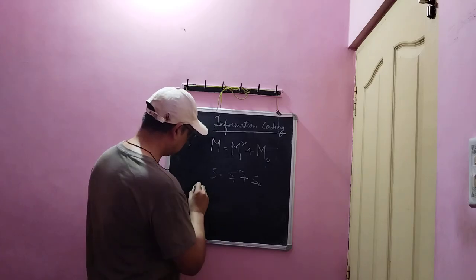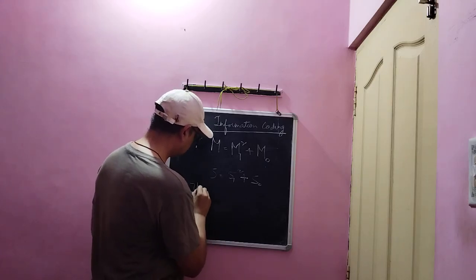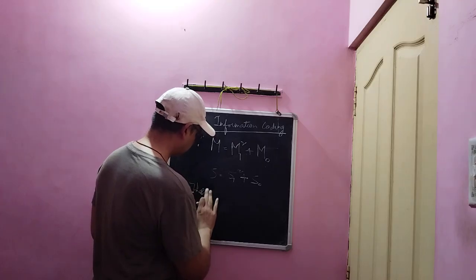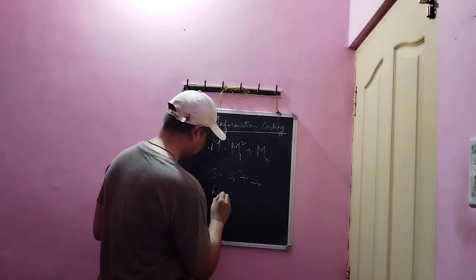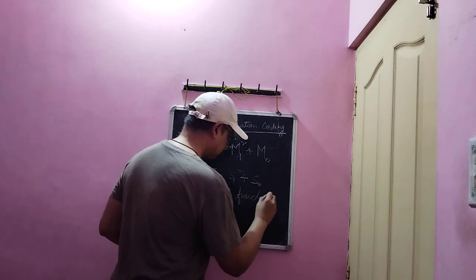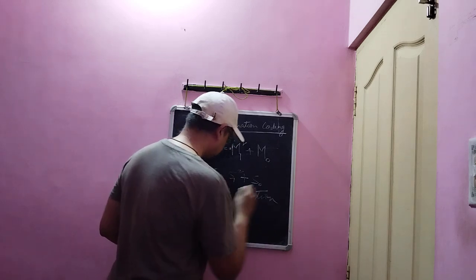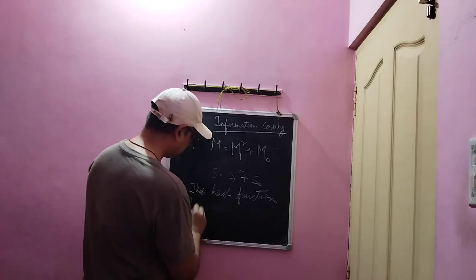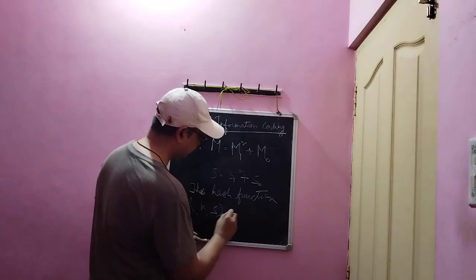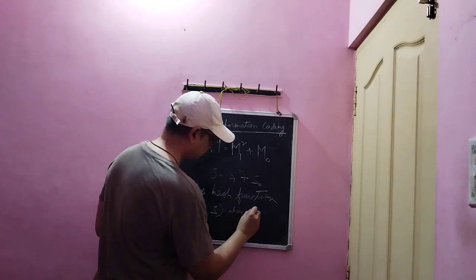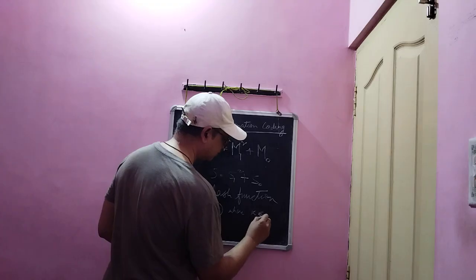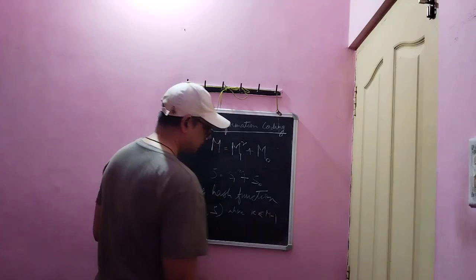We can define the hash function h of k comma s, where k is a key which is less than m, or less than or equal to m minus 1.